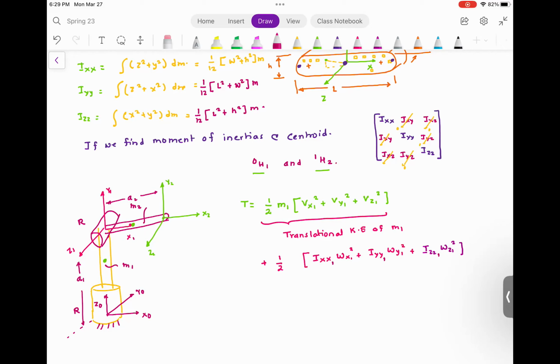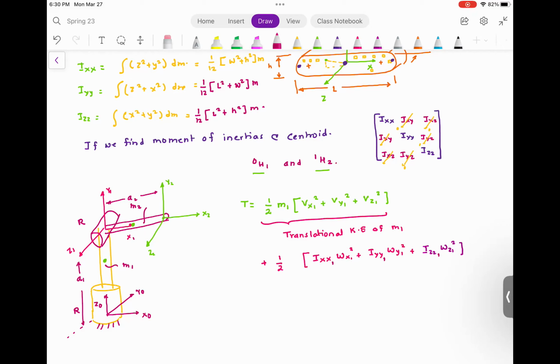So you have kinetic energy of translation in x, dx1 square, in the y direction dy1 square, and lastly in z, vz1 square. Everyone understood this?